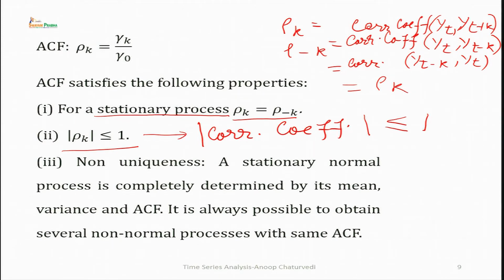Non-uniqueness. A stationary normal process is completely determined by its mean, variance and autocorrelation function. You know that the multivariate normal distribution is completely determined by its mean vector mu and the variance covariance matrix sigma.